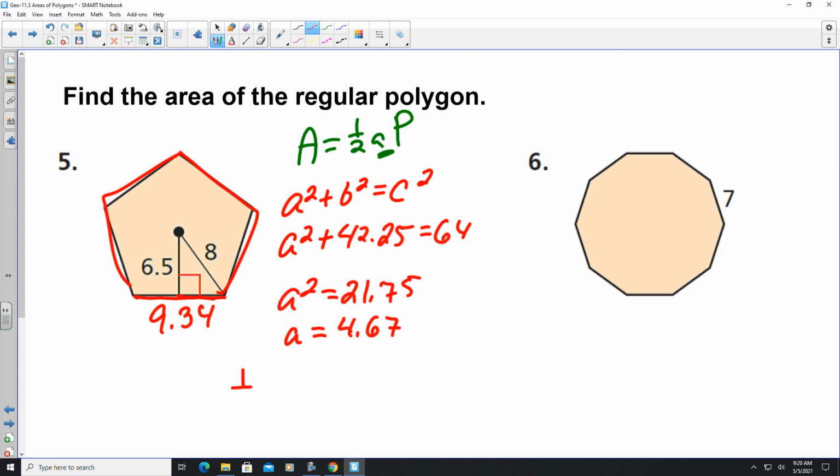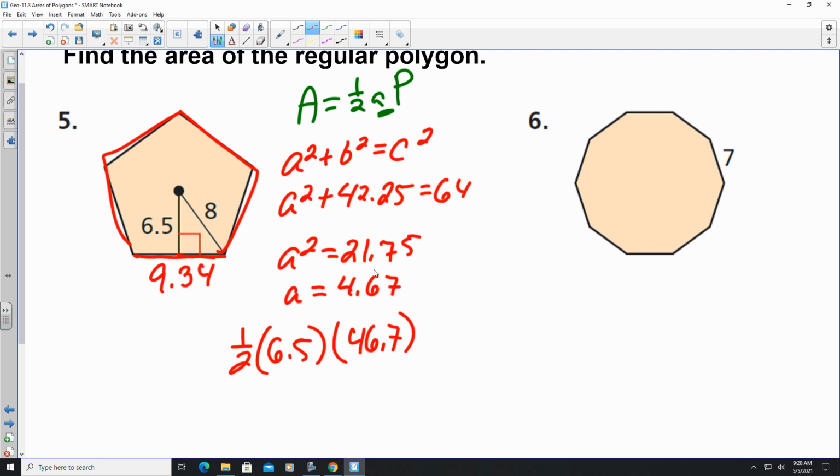So my area is going to be 1/2 times the apothem, which is 6.5, times the perimeter, which is 46.7. So when I multiply all that together, 0.5 times 6.5 times 46.7, I get 151.8, and there's no units here, so I'm just going to say square units.